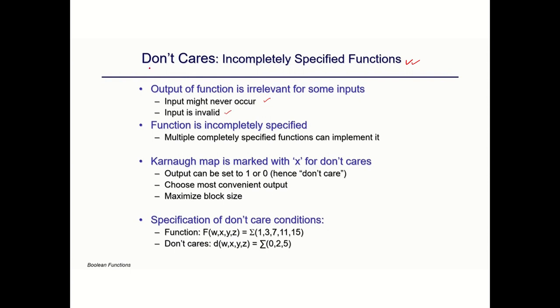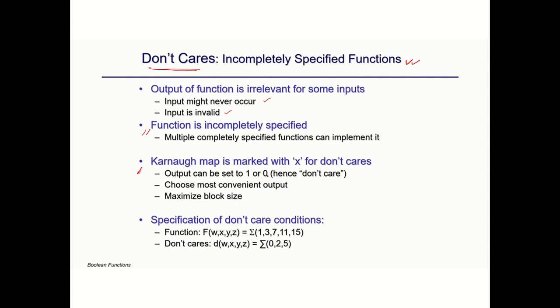So in that case, the don't cares are represented within a function. The function is incompletely specified when multiple completely specified functions can be implemented with the help of the don't care system. In a K-map, we designate the don't cares with a cross. Here the output can be set to 1 or 0 based on our requirement.